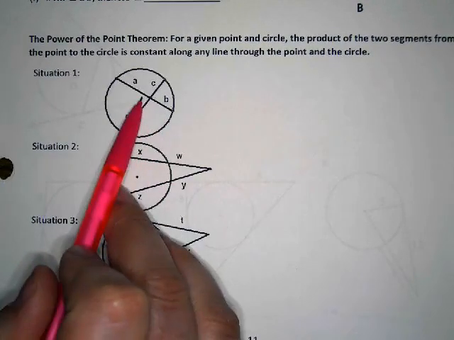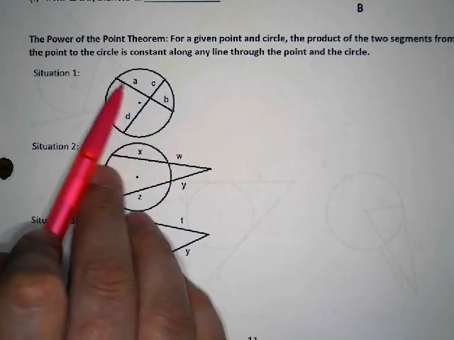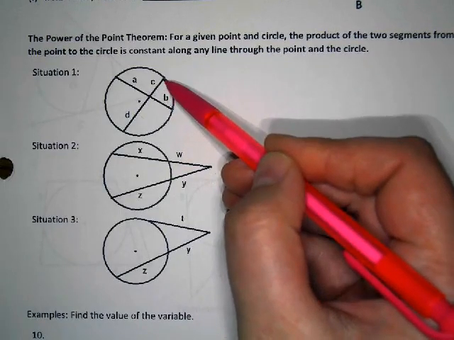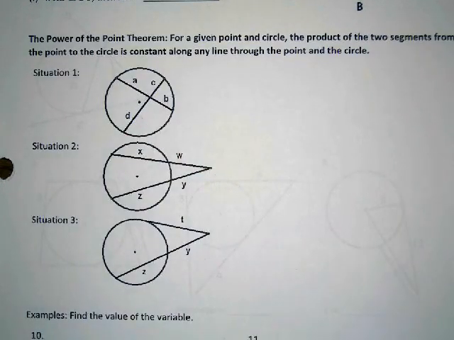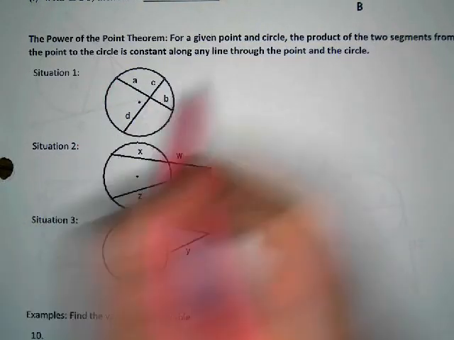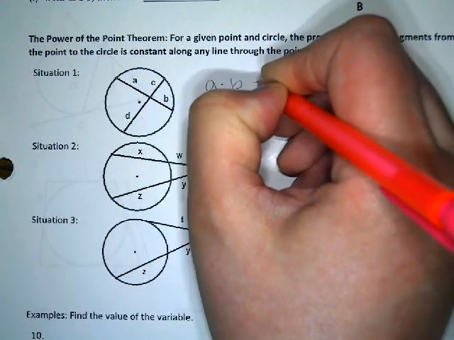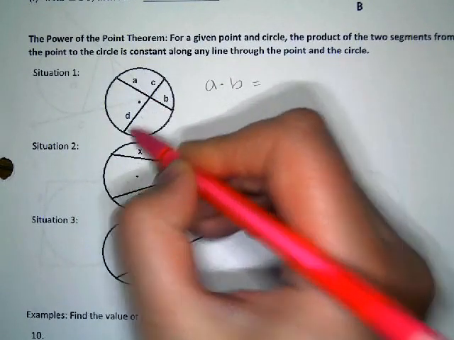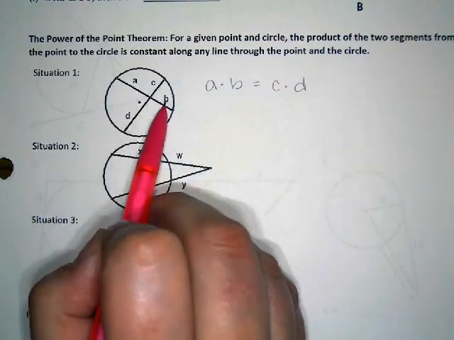So this side is split so that you have a length of A and a length of B, and then this one is split so that you have a length of C and a length of D. And what we know to be true about these lengths is that length A multiplied by length B is exactly the same as length C multiplied by length D. So the product of these 2 lengths is the same as the product of those 2 lengths.